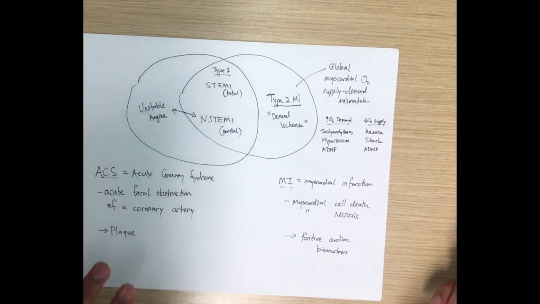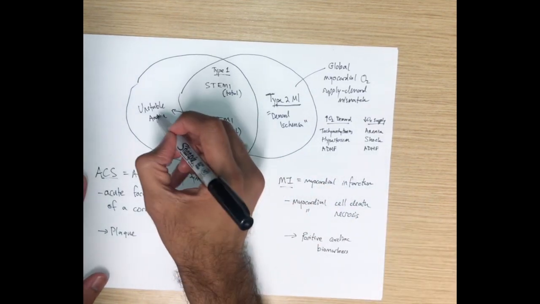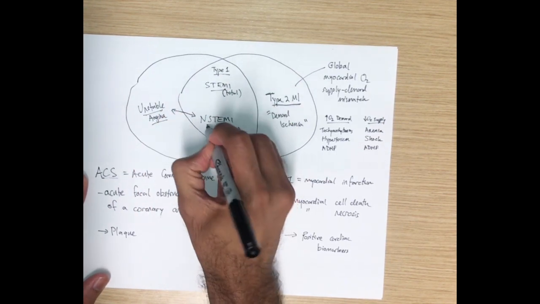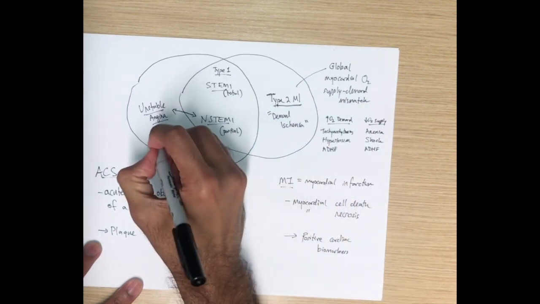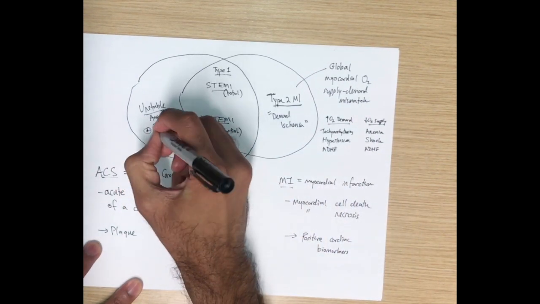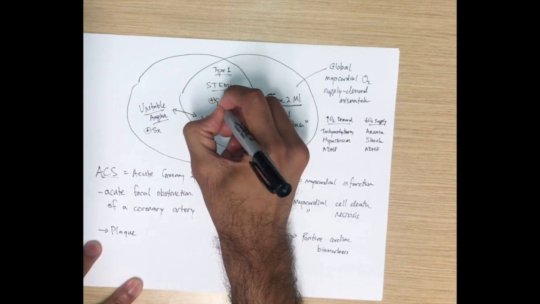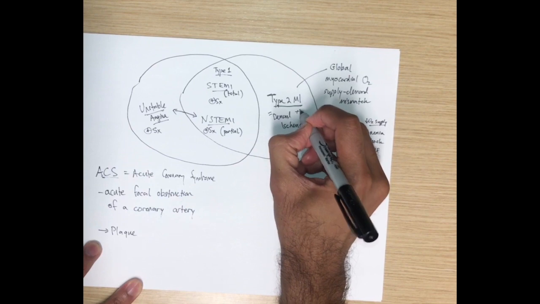So the reason I make these distinctions and the reason it's important is to recognize that of the 4 conditions listed here, unstable angina, NSTEMI, STEMI, and type 2 MI, in all of these conditions, people can have symptoms that are consistent with ischemic chest pain. And we'll talk later about what those symptoms are.